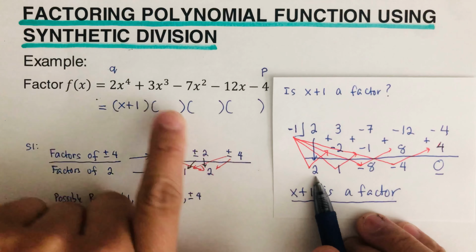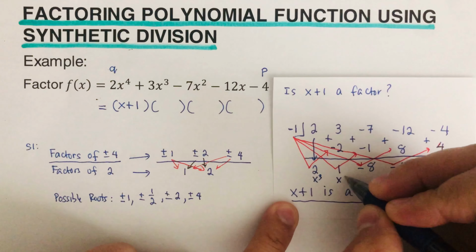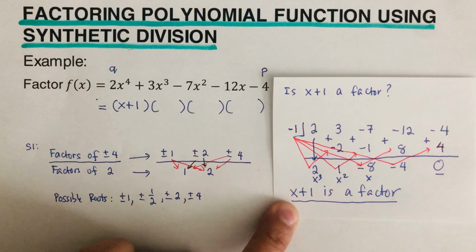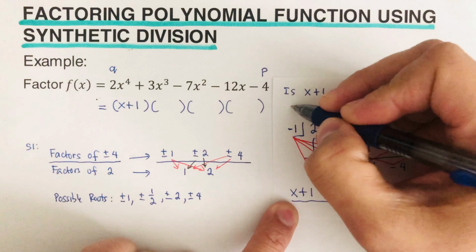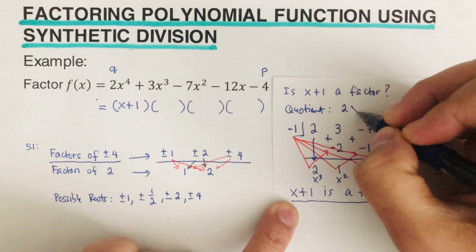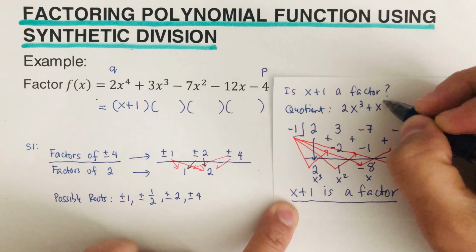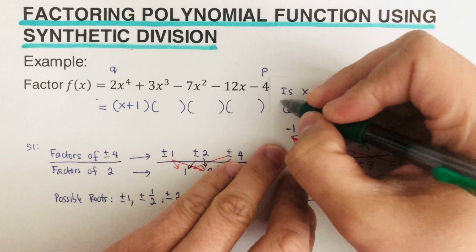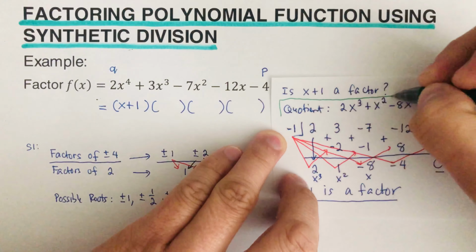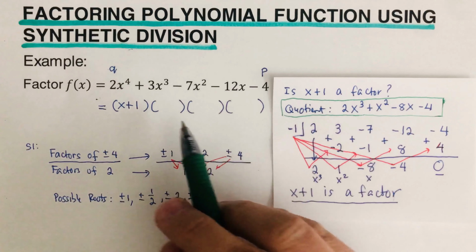We remember that since this is raised to the power 4, this means this is x to the third, x to the second, and x, and that's a constant. So then we can go ahead and say that the quotient is... and this is the one that we're going to use in order that we can determine the rest of the factors.